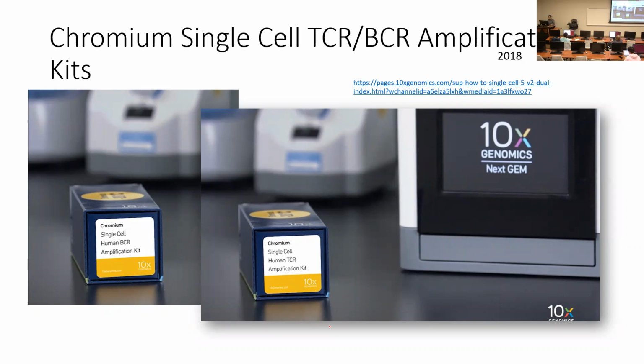So I'm going to show you. Most importantly, you do this in parallel with the conventional single cell RNA-seq. So you have transcriptome information for all the T cells, and also their T cell surface receptor combination information. So you have both.